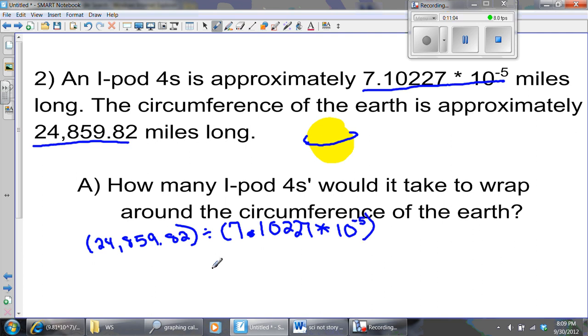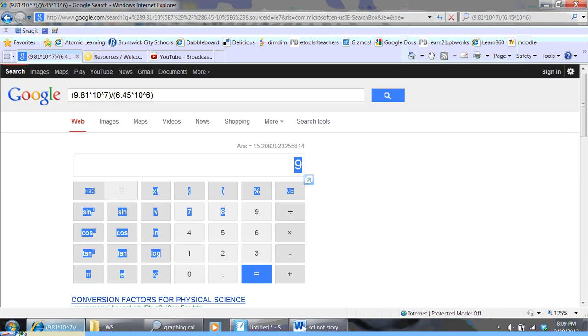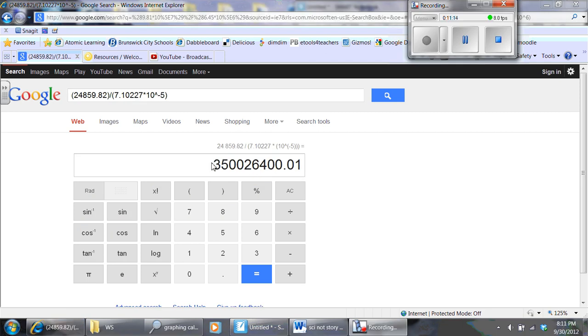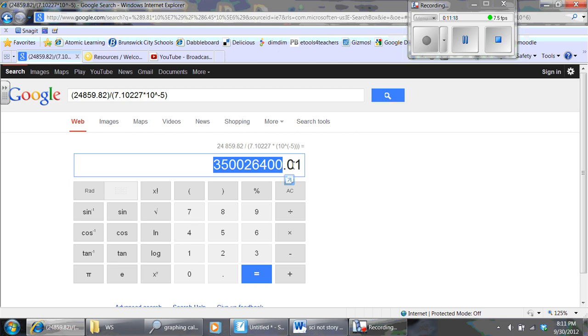All right, so I'm going to go ahead and bring up Google and type in that number. And when I type it in and hit enter, you see I get this extremely large number here. It doesn't come out dividing quite equally, but 0.01 is such a tiny amount of a mile. It's not even a tenth of a mile.